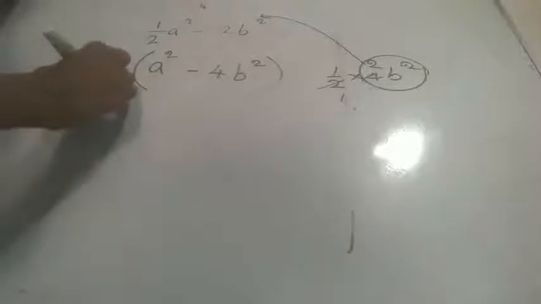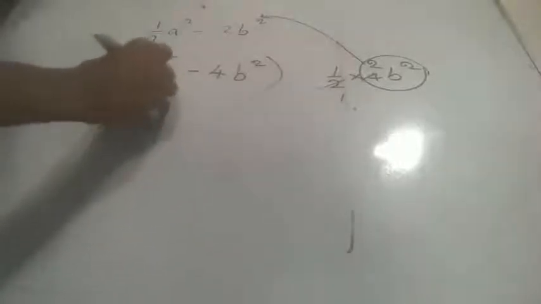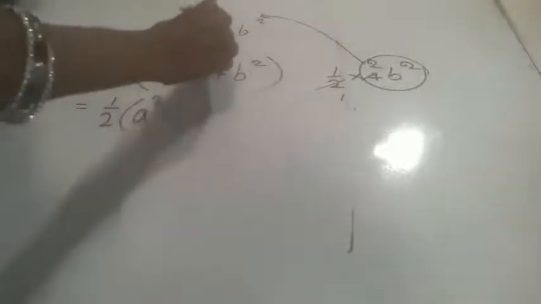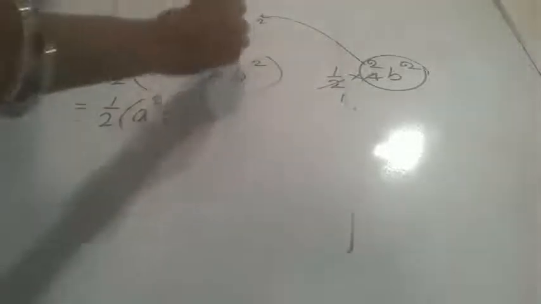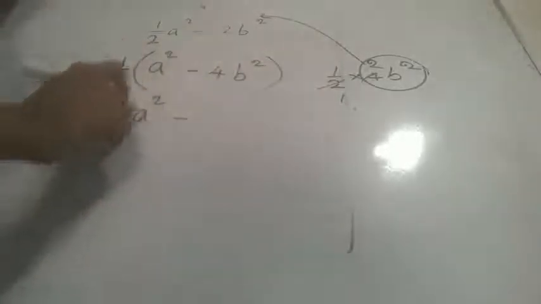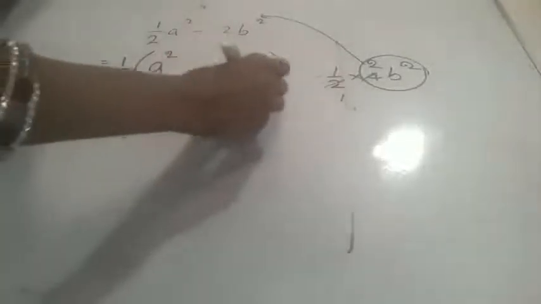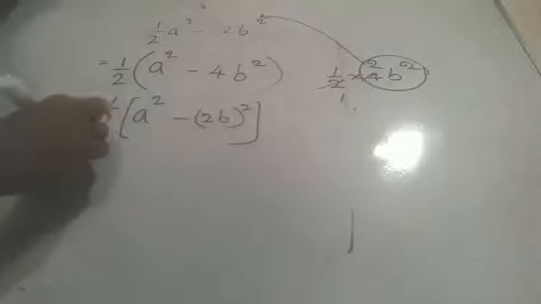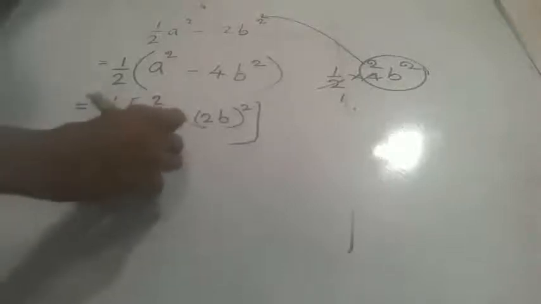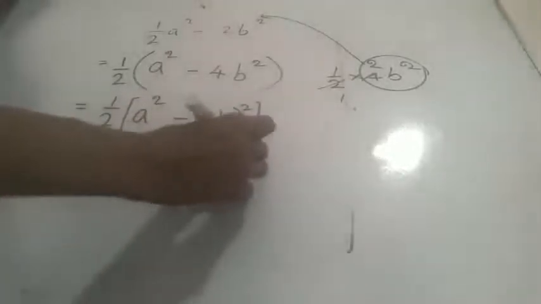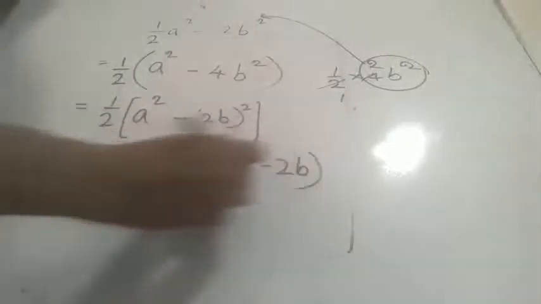Then half times a squared. 4 is equal to 2 squared, 2b squared. We can write half times a plus 2b, a subtract 2b.